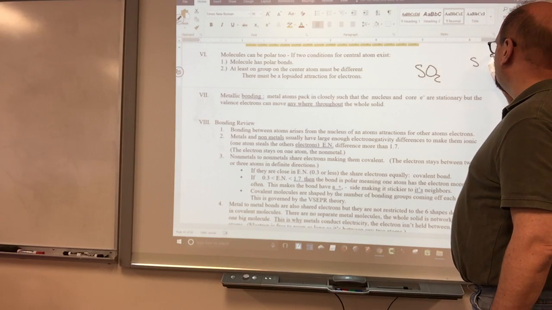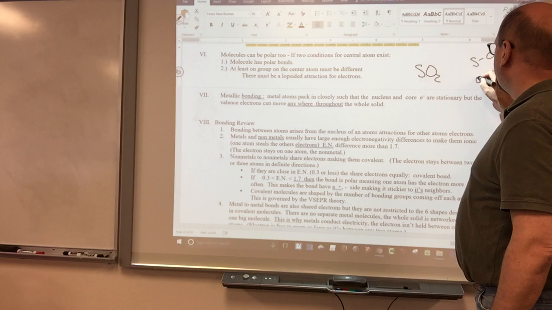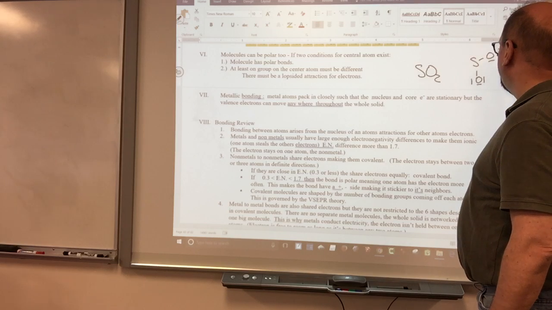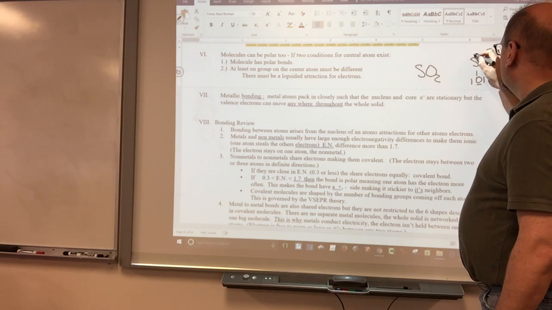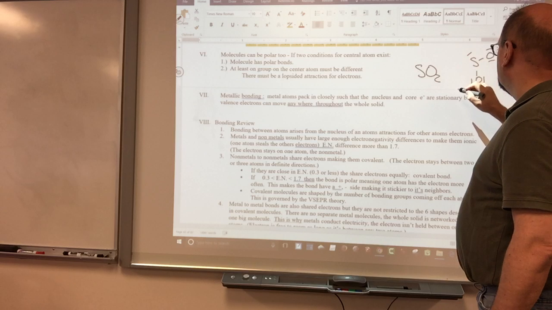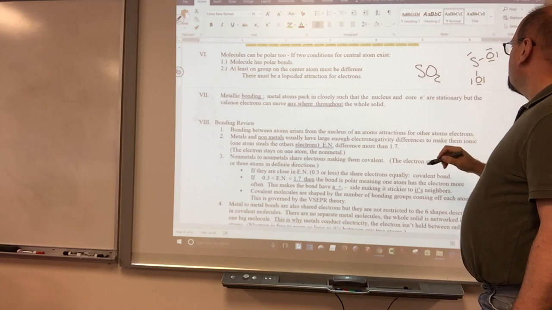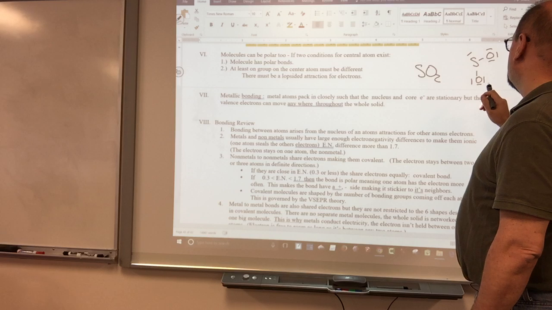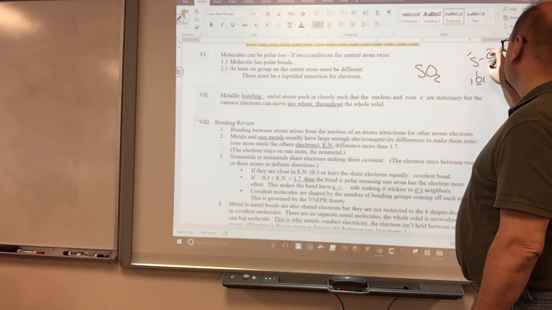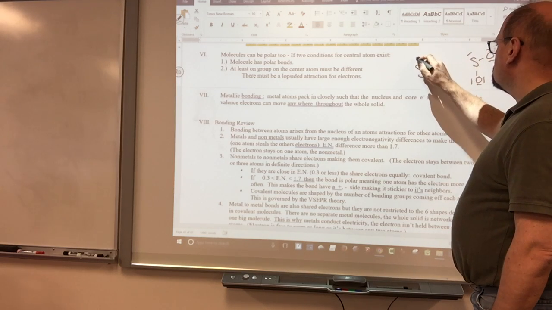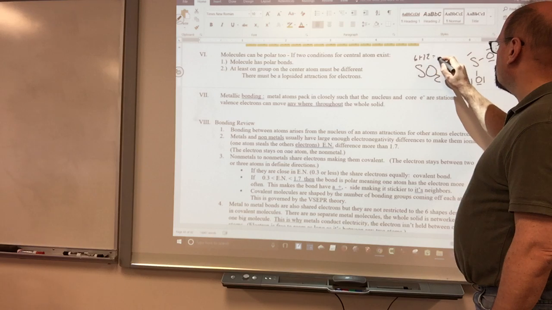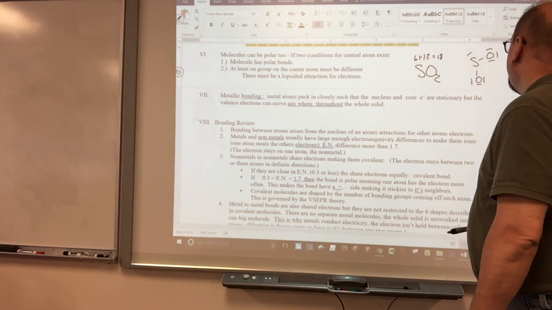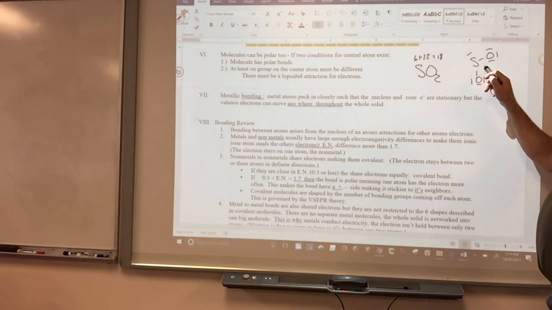So let's put the sulfur in the middle, oxygens on the outside, 2, 4, 6, 8, 10, 12, 14, 16, 18. This has 6 plus 12 valence electrons for 18. Yep, that's right.